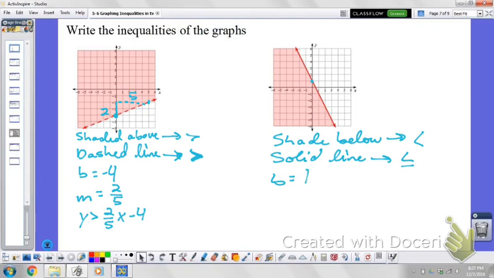Now I need to find my rise over my run. So let's go ahead and go to this point here. That's going to be down 4, so negative 4. And I run 2. So my slope, m, is going to be negative 4 over 2, which will just be negative 2. So my inequality is y is less than or equal to negative 2x plus 1.